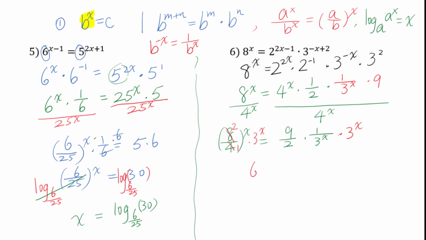So we have 6 to the x power equals 9 over 2. Then you take log base 6 on both sides. x equals log base 6 of 9 over 2.